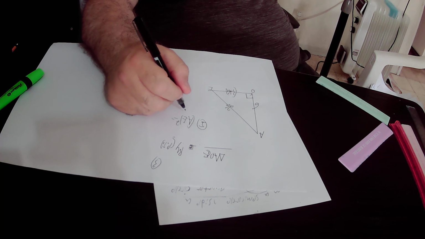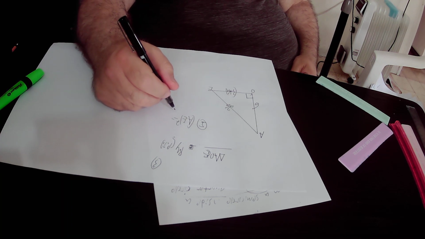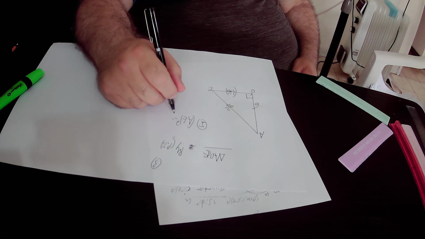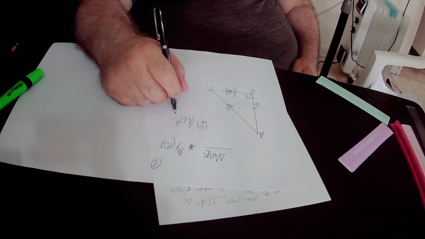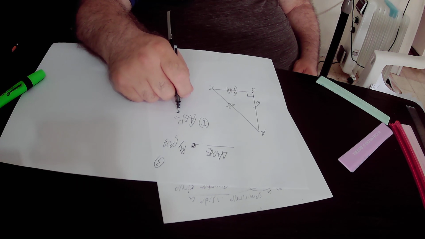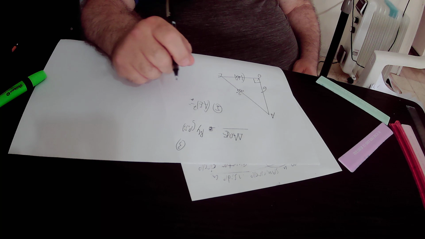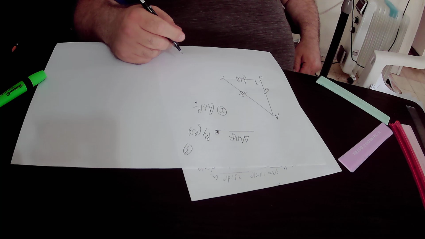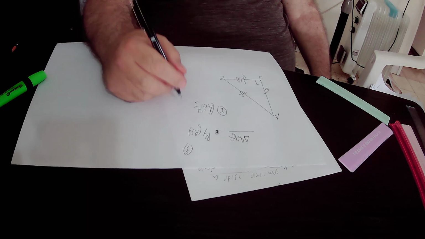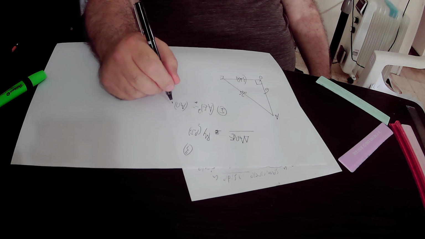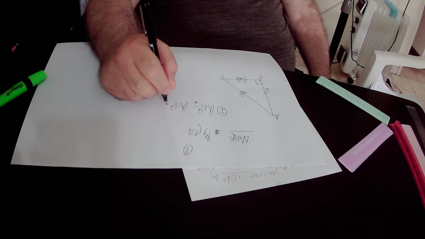That is to say, it is equal to AO squared. AO equals 6, so AO squared is 6 squared, that is 36, plus OE squared.